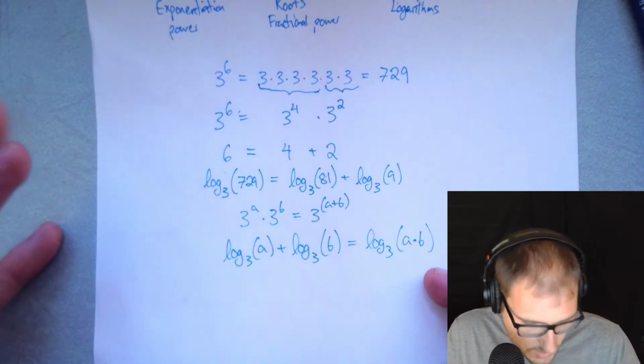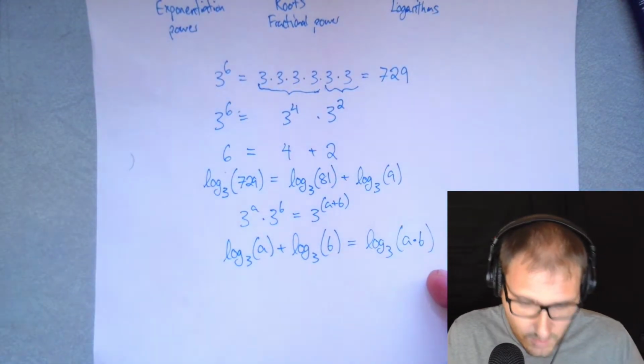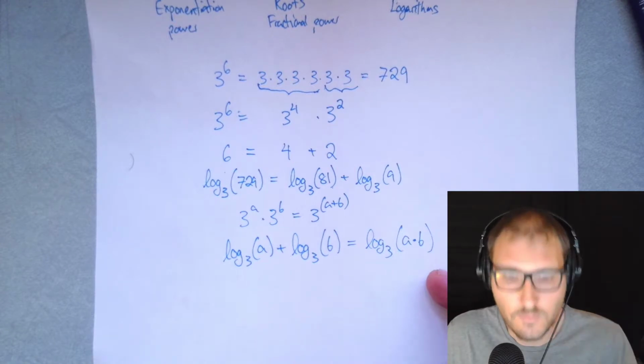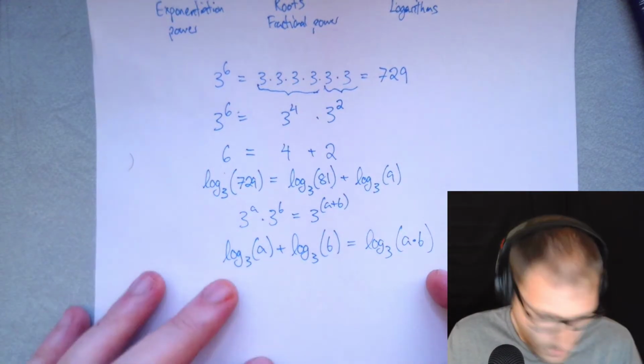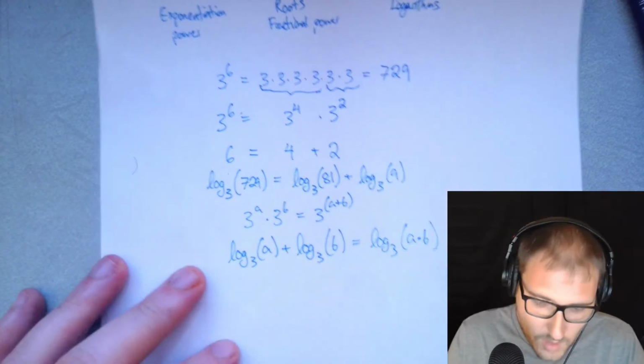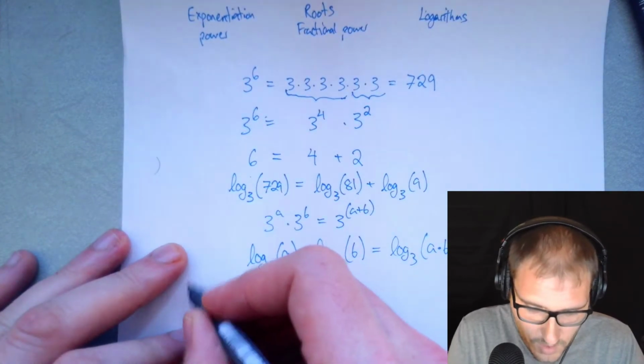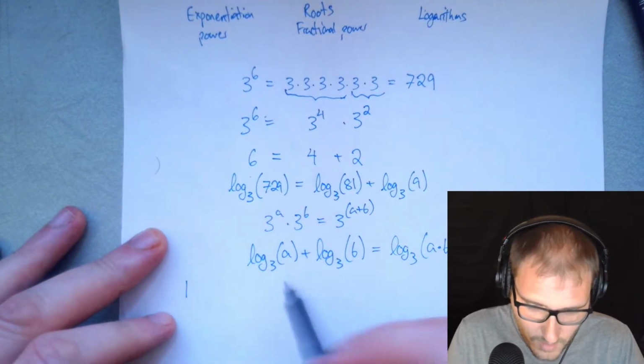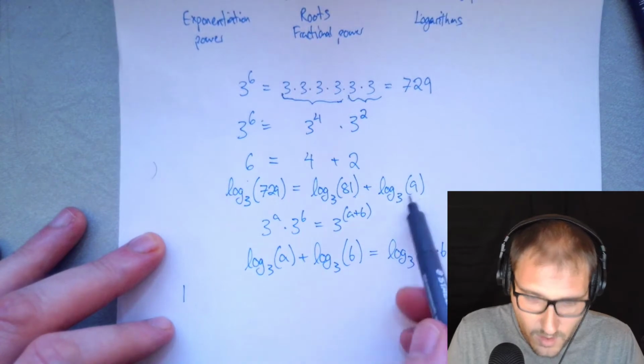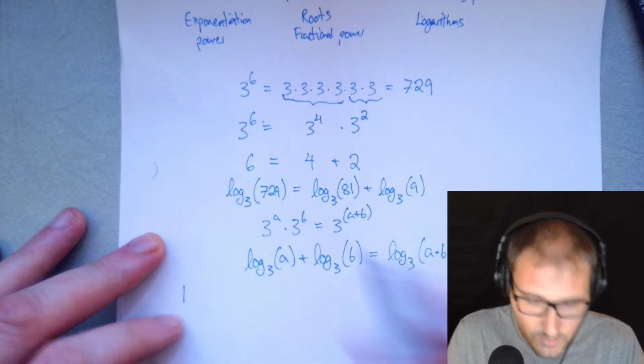Where this is really going to be useful is when it comes to presenting results, doing some plotting, some graphs and things. So let's say I wanted to draw a number line with just these numbers, 9, 81, and 729 on there.